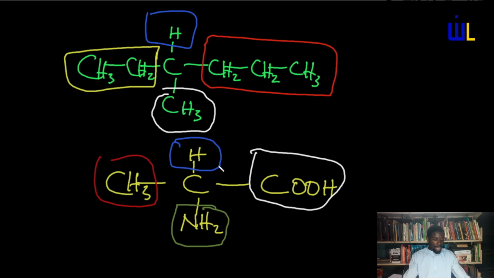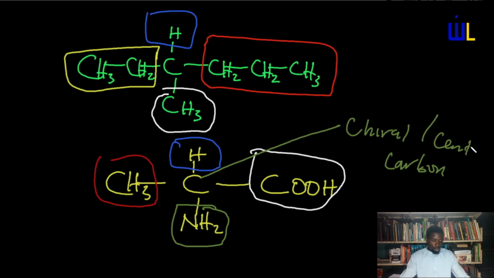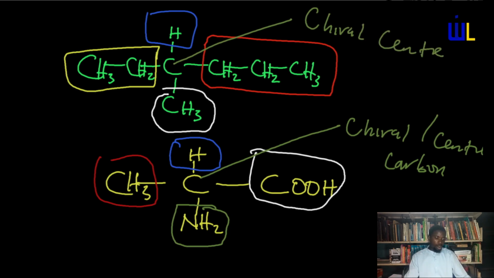It simply implies that you have 4 different species around it, hence making this carbon atom a chiral carbon atom or a chiral center. You either call it a chiral carbon or a chiral center. Same here, this carbon atom is a chiral center. And any organic compound that possesses a chiral center becomes optically active.